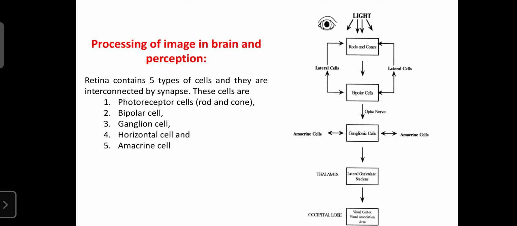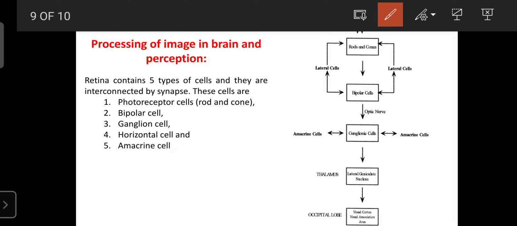So dear students, the retina mainly consists of five types of cells. There are the photoreceptor cells, that is rod and cone. The rod is helpful for recognition of black and white images, and the cone is helpful for the recognition of colored objects. And as well as that, the retina consists of bipolar cells, ganglion cells, horizontal cells, and amacrine cells.